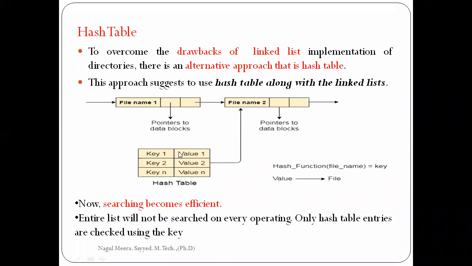The hash table consists of all file names as keys and all actual files as values. Depending on this hash table, we can easily search whether the particular file is available or not. If not, the new file is inserted. If it is available, the file is already there, so please rename it to something else. So this is nothing but hash table implementation.